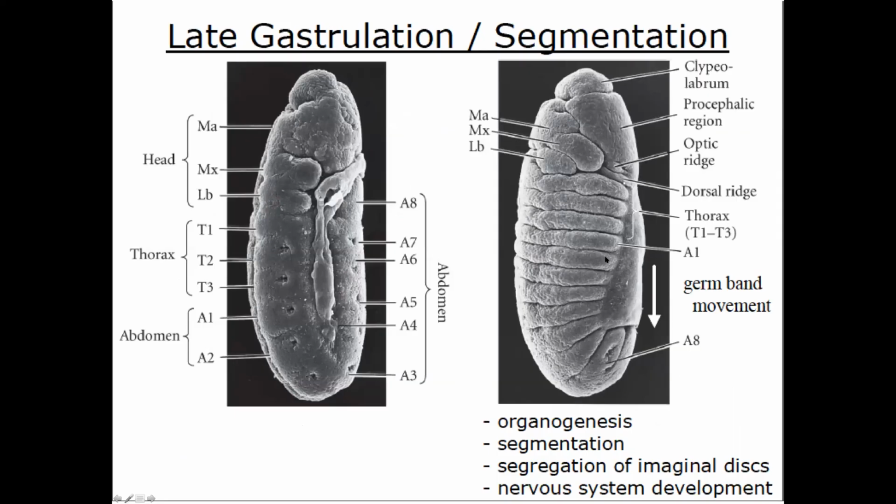What this picture doesn't show here is the closure of the two ends. So it looks like this. I'll show a video in a bit. The two ends will meet and close, which is called the dorsal closure. So this is dorsal and ventral.